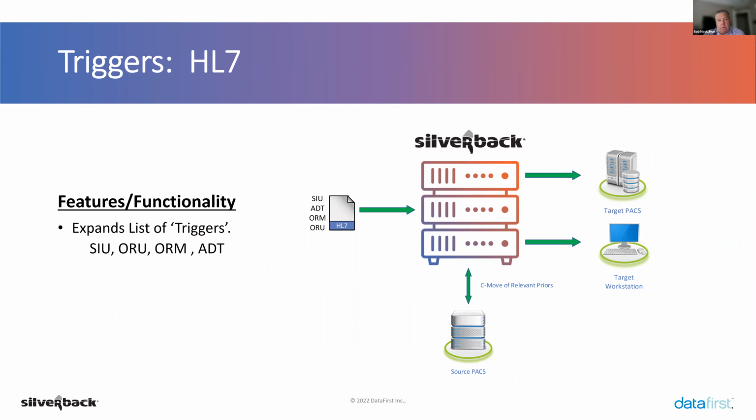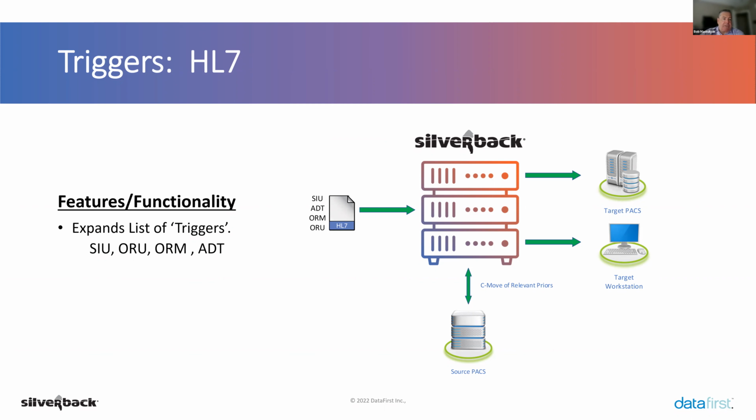We have the ability to look backwards, as long as we have that crosswalk in place. If today the patient ID is 1, 2, 3, 4, and yesterday it was A, B, C, D, we have the ability to match those up, update that to the new patient ID, and move it downstream to whatever the viewing solution is.